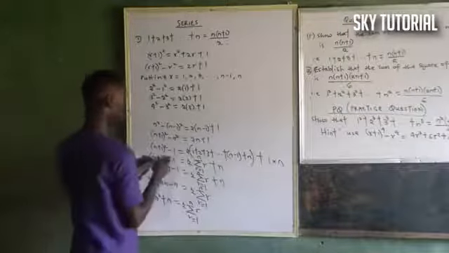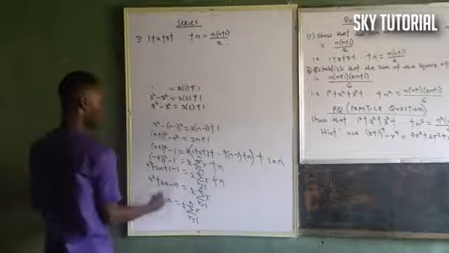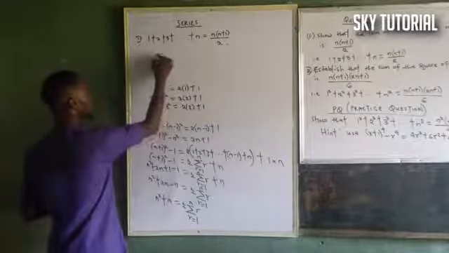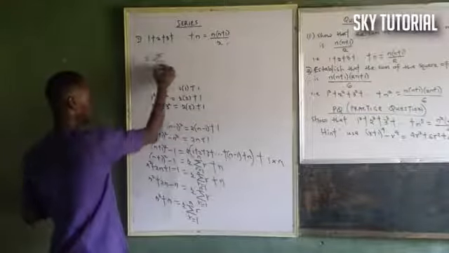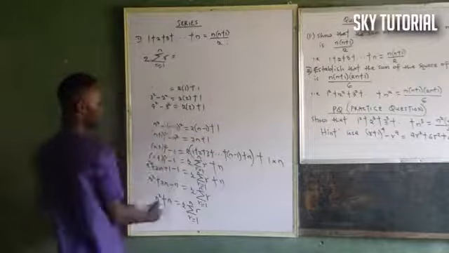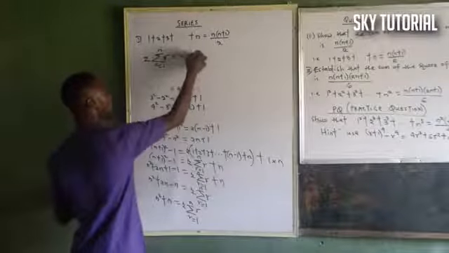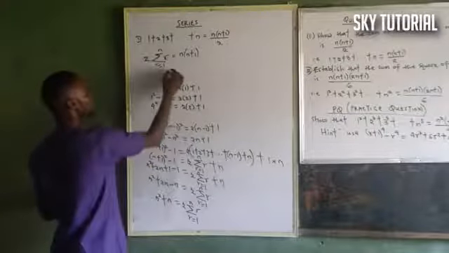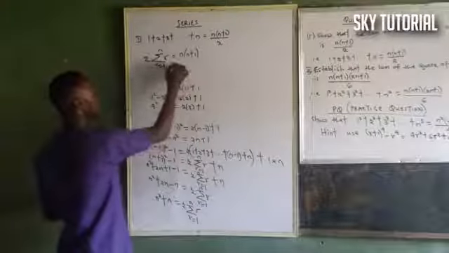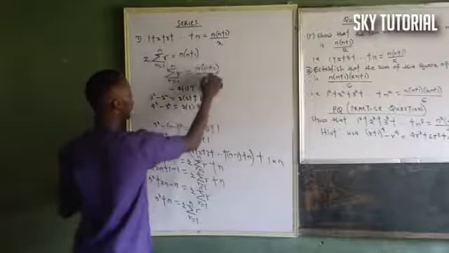We factorize: summation of r equals 1 to n of r equals n into bracket n plus 1. So making the summation the subject, we have summation r equals 1 to n of r equal to n into n plus 1 upon 2.